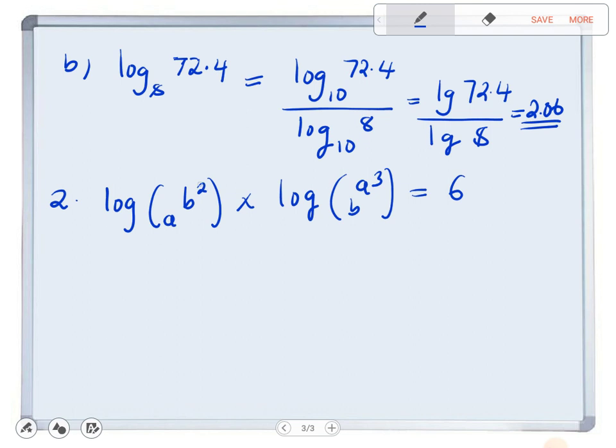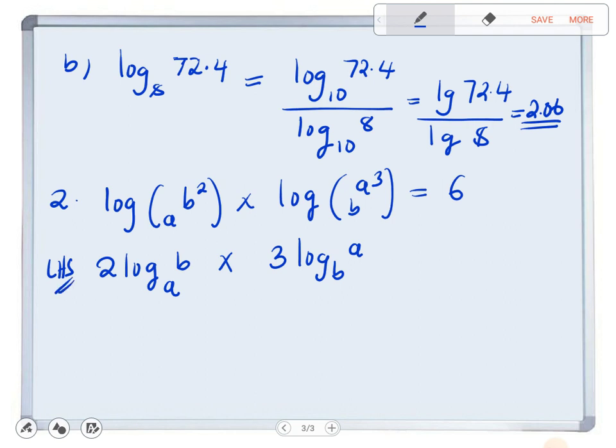As a power, the 2 can drop, so we have 2 log b base a, multiplied by, the 3 can drop too, 3 log a base b. So we have gotten the left hand side.